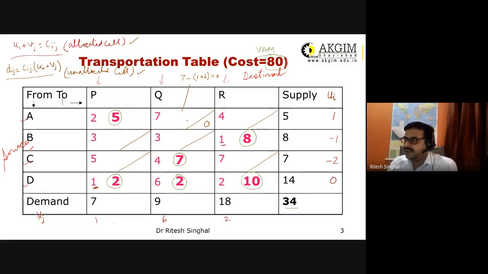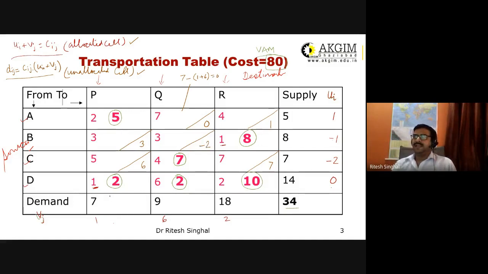We add UI plus Vj, that is 1 plus 6, 7, and subtract it from the cost. Similarly, for this value, this is to be 1, this is to be 7, this is to be written as 3, and this is to be written as 6, and here it is minus 2.